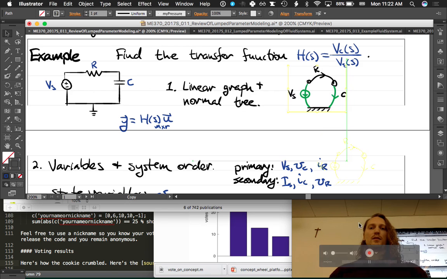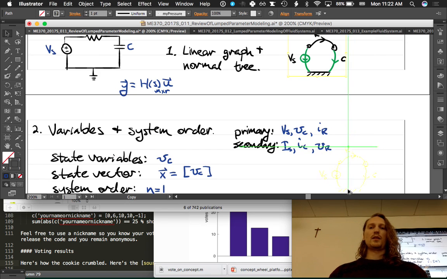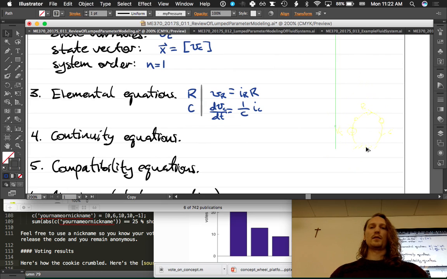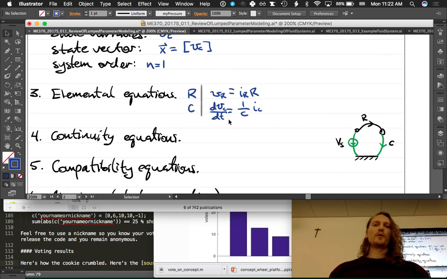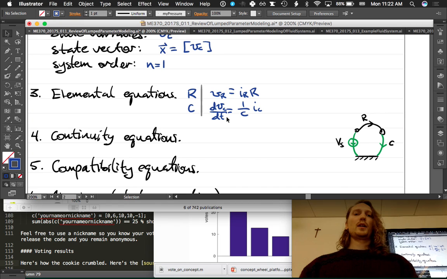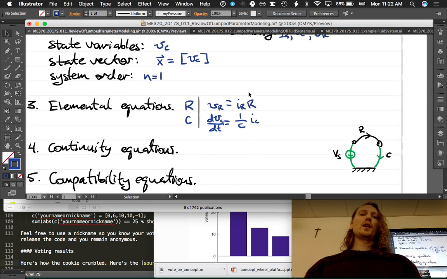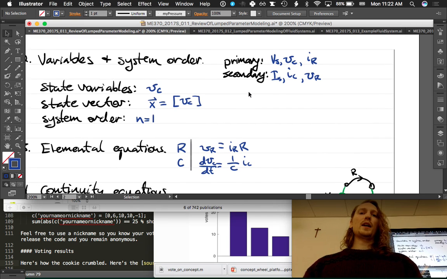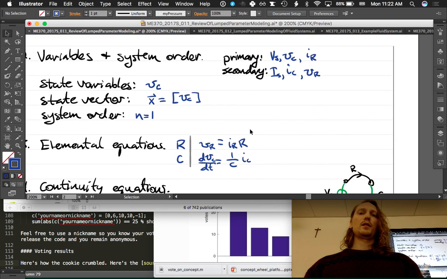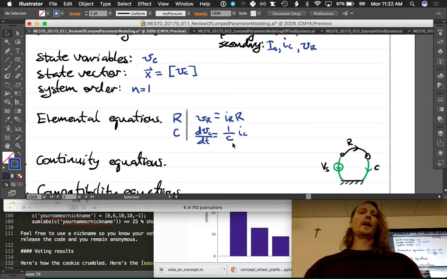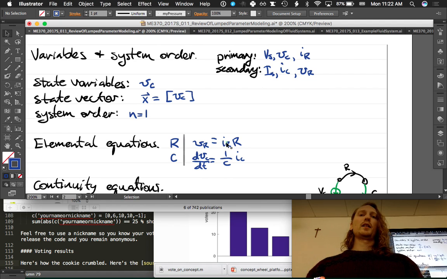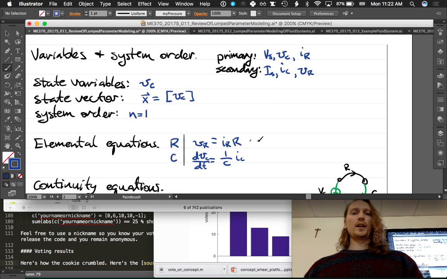Don't we need to rearrange the elementals? Do we? I don't know. Let's see. We don't need to rearrange this one. Do we need to rearrange this one? Yes. So we want to solve it for the secondary variable, right? I thought that was the continuity and compatibility equations that we solved for secondary. Oh yeah, no, you're right. Primary. So IR. Very good.